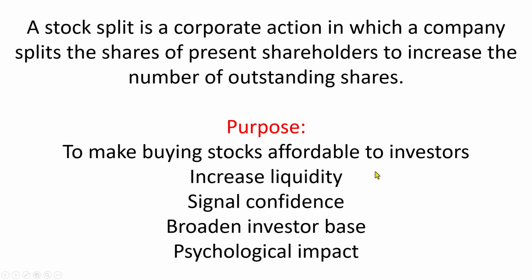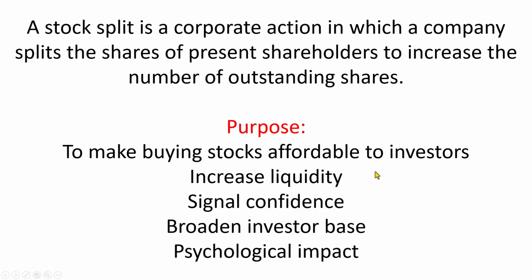Now, here in the stock market also, if a stock is very costly, then finding buyers for it will be difficult. So, what does the company do? The company splits the big stock into many small pieces to attract customers, or in this case, investors. Okay.